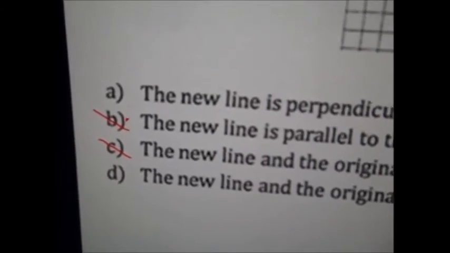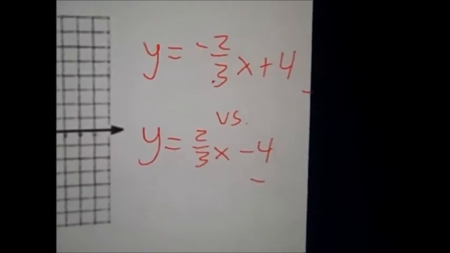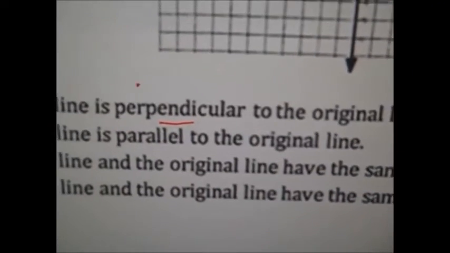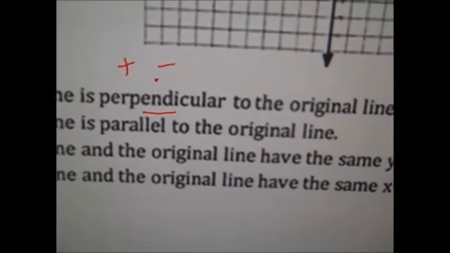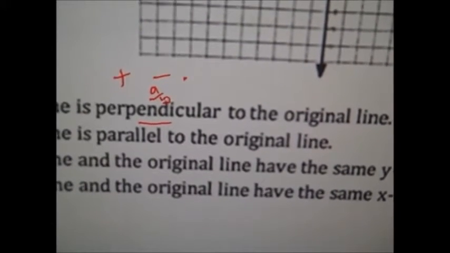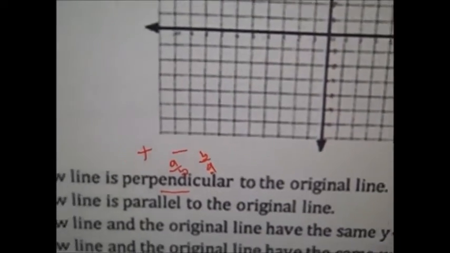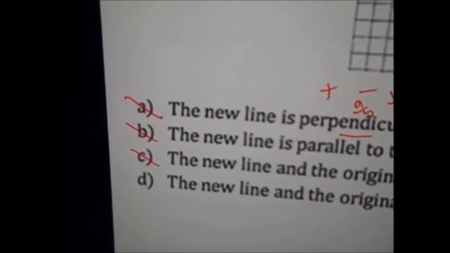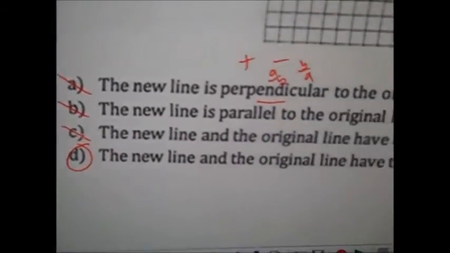B is not it. Now, perpendicular, it has two requirements for perpendicular. It has to be opposite and reciprocal. These are not reciprocals, so that leaves D as the best answer.